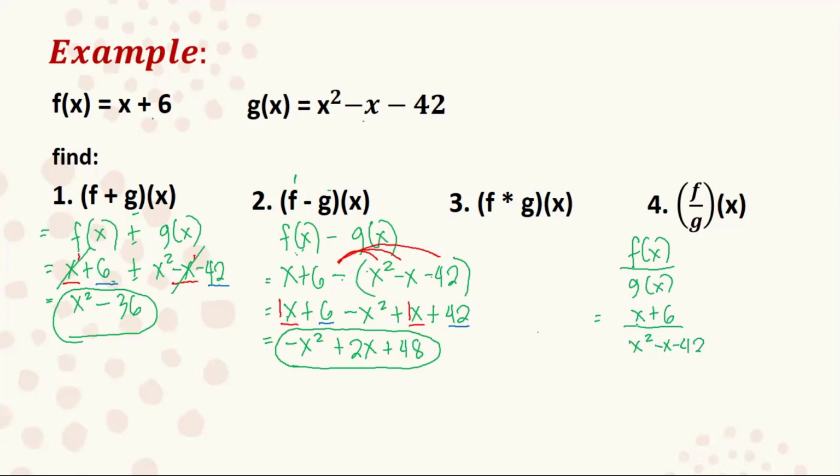When it comes to division class, first thing that you have to do is to factor each function if possible. So kung pwedeng ma-factor yung functions, i-factor. Why? Kasi titingnan natin kung may pwede bang i-cancel para mas maging simple yung function.